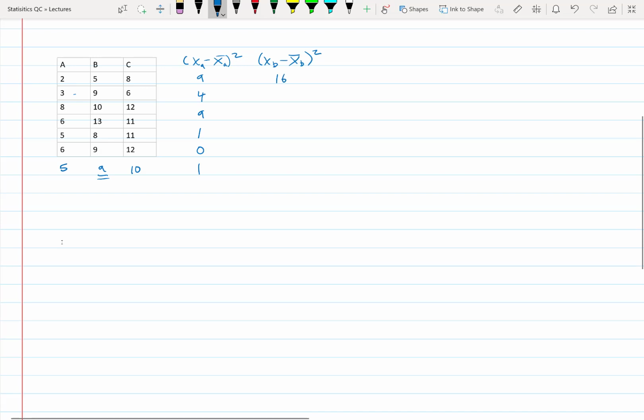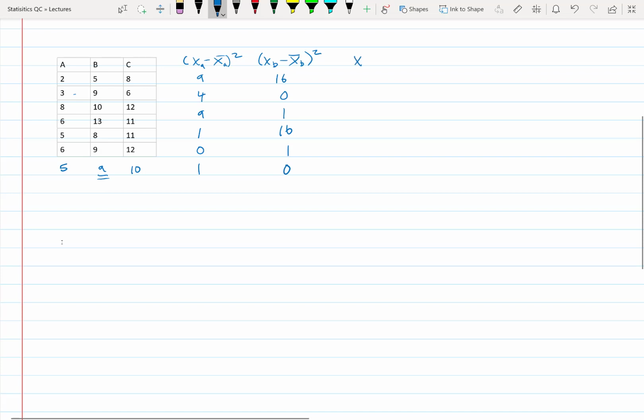Next one is 9 minus 9, 0. Square that, we're going to get 0. Sorry, 10 minus 9 is 1. Square that, we get a 1. Next one is 16 and a 1 and another 0.